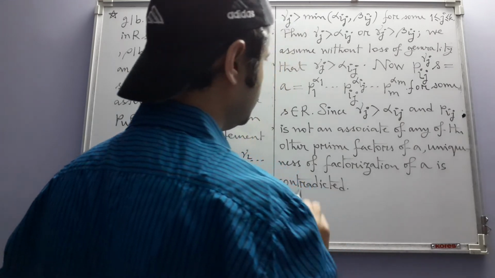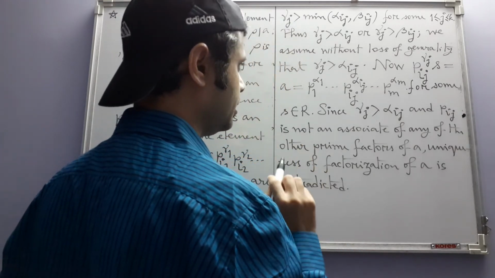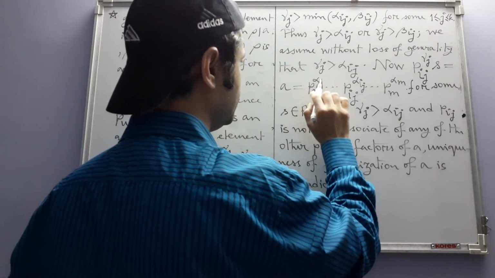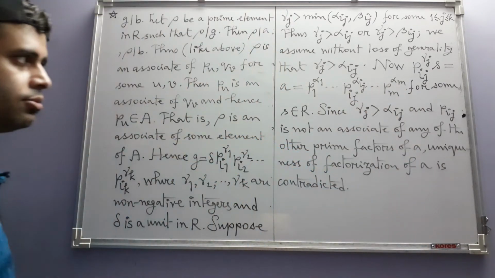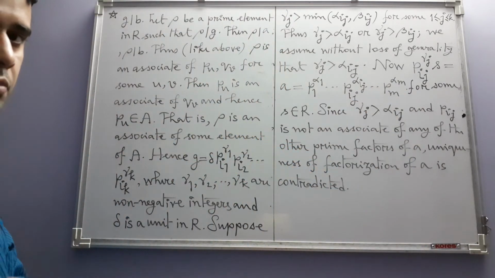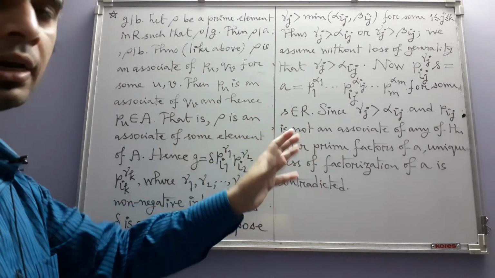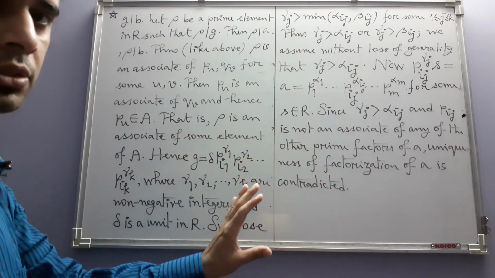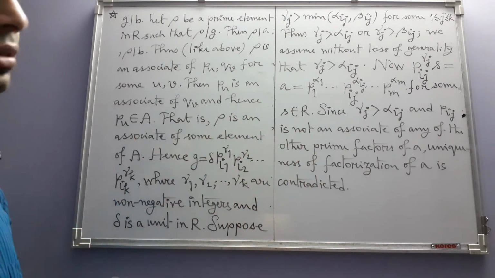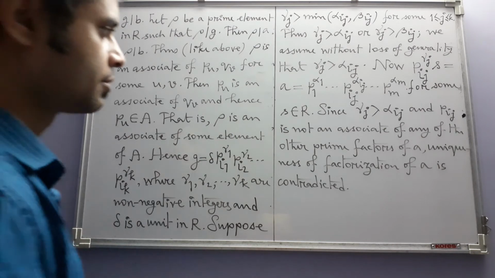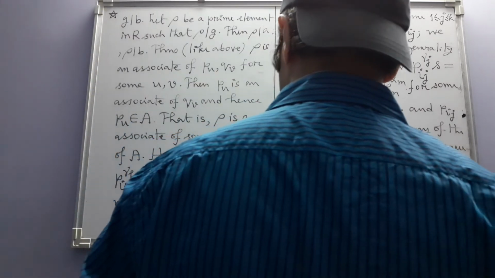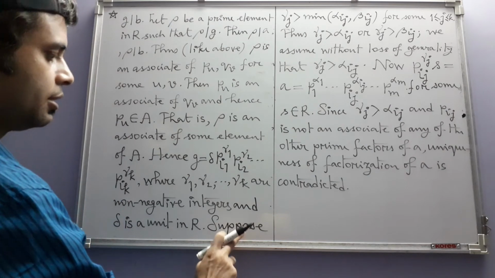And uniqueness of factorization in fact says that these exponents should be equal. For primes that are associates, the exponents should be equal. That thing is contradicted here. So that's why this supposition is wrong.